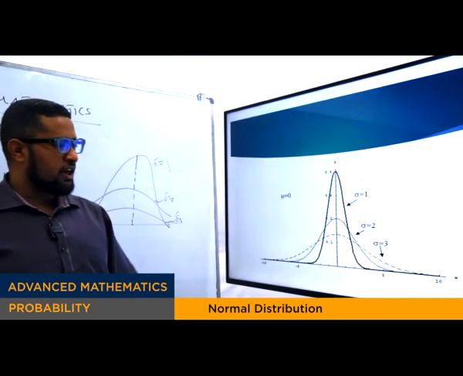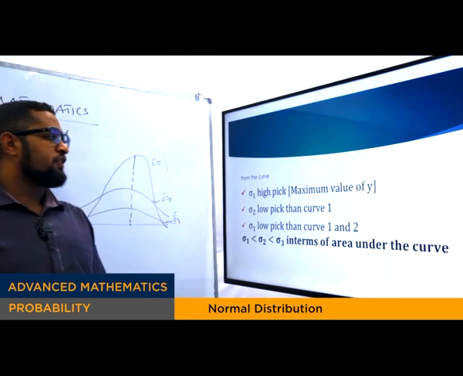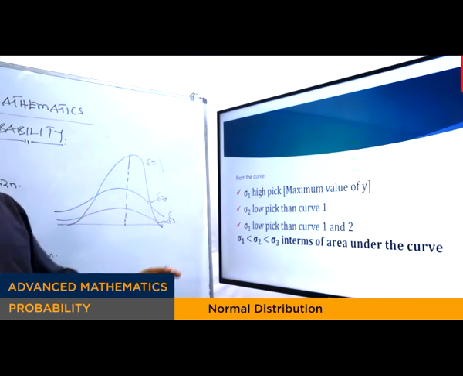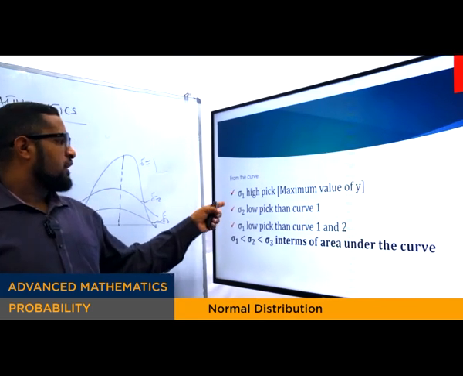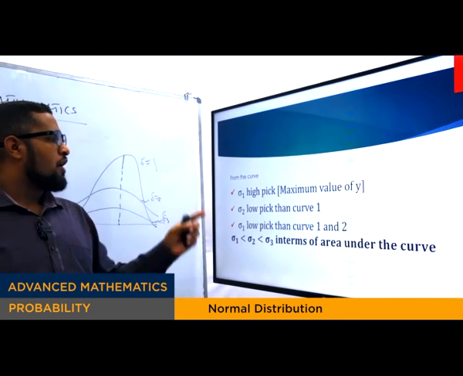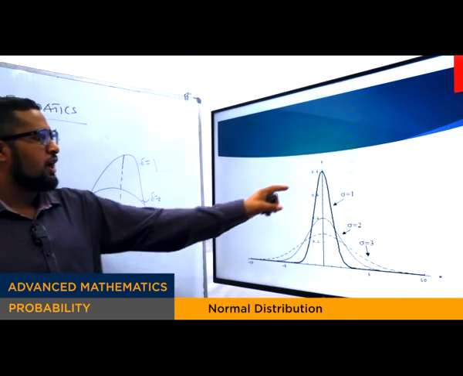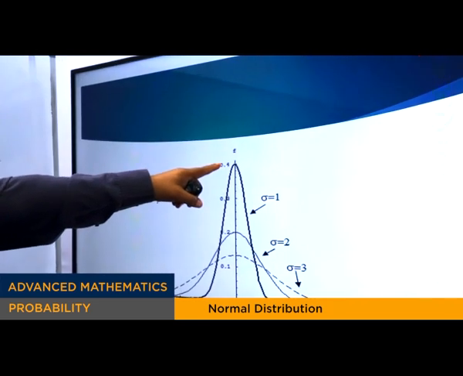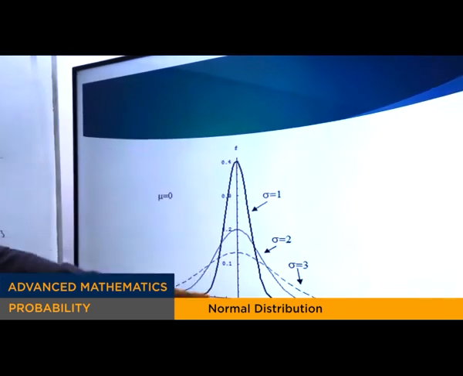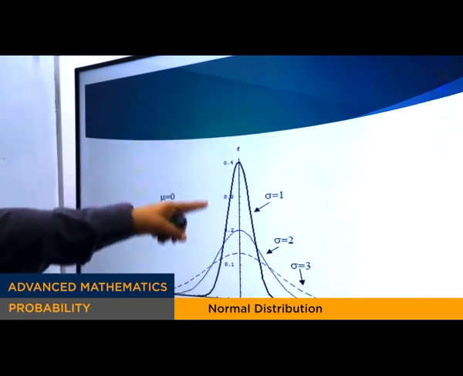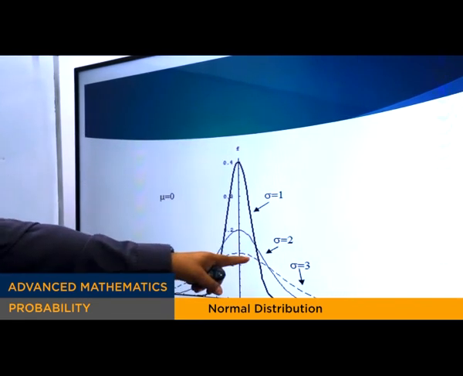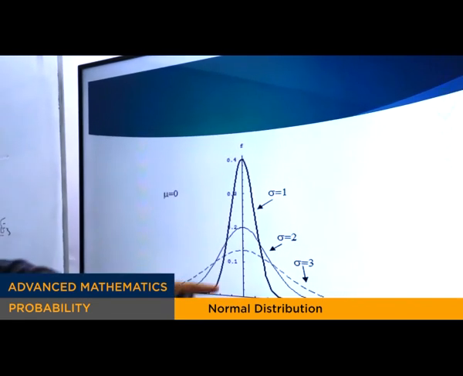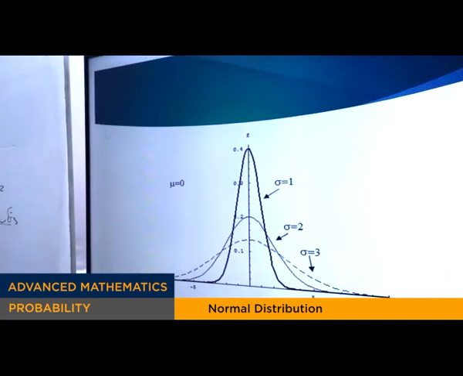From this graph, we can say for standard deviation number 1, we have a high peak. As you see here on the screen, it means it is high. The maximum value of y is larger than when standard deviation is equal to 2 and when standard deviation is equal to 3.